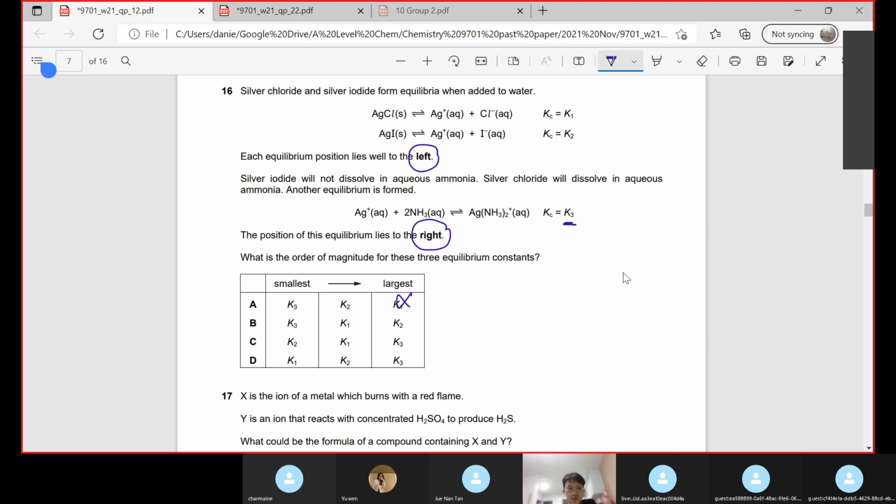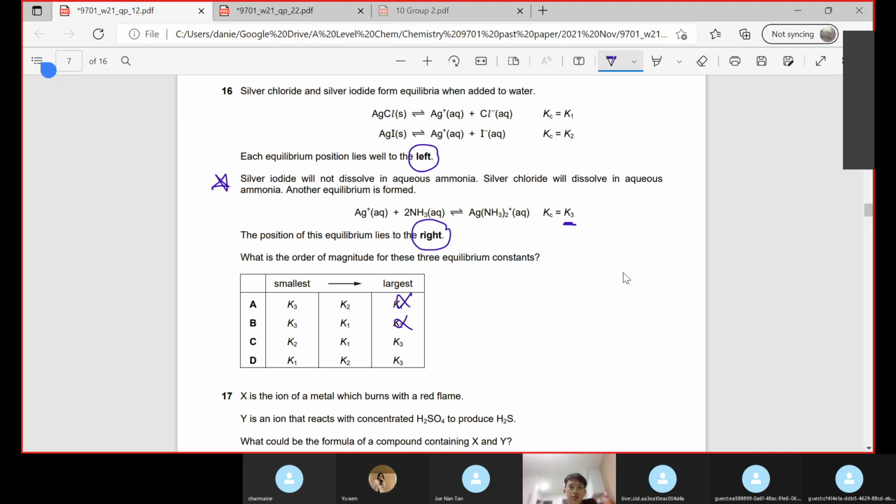So A and B are out. So C and D, basically here we are going to compare K1 and K2, which is greater. Then how are we going to look at it? Okay, we look at it this way. Here, this is the statement: silver iodide will not dissolve in aqueous ammonia, but silver chloride will dissolve.